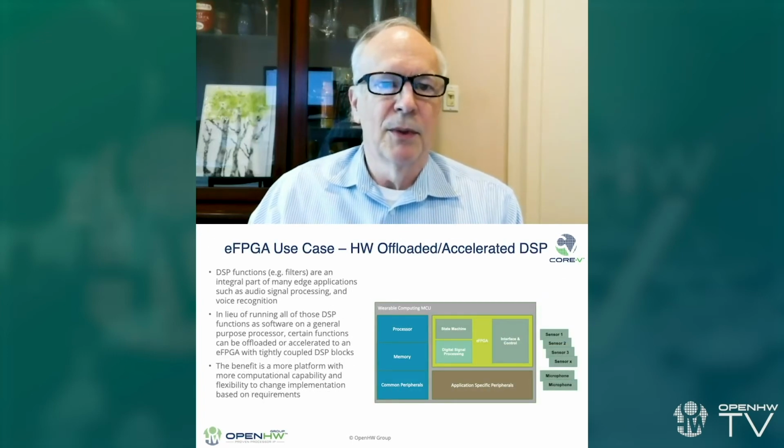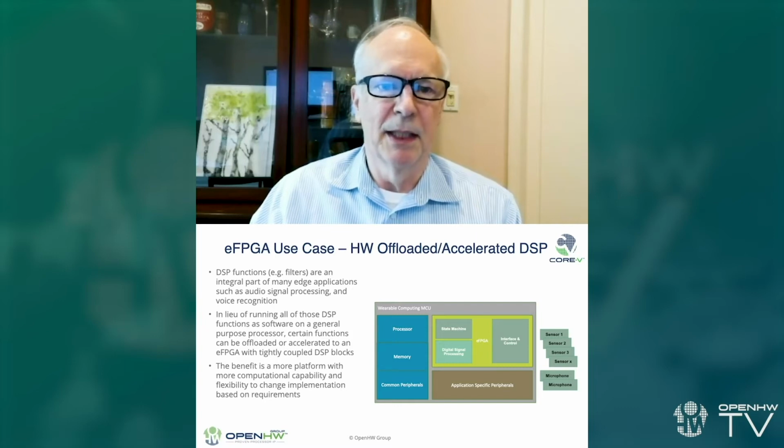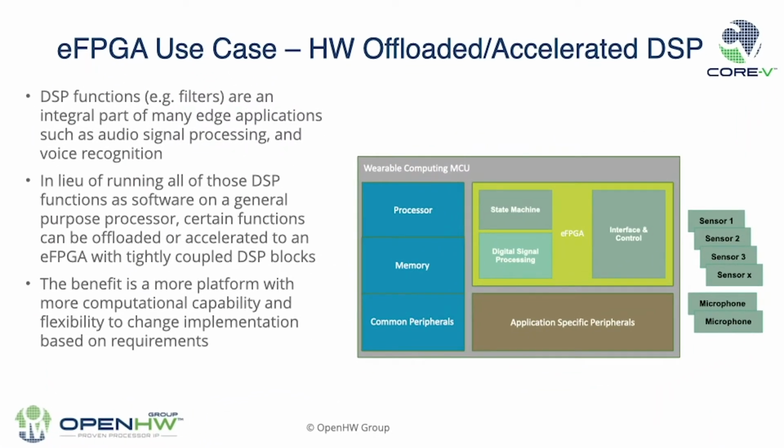I'll give you two eFPGA use cases. One is hardware offload accelerated DSP. DSP functions, filters, are an integral part of very many edge applications such as audio processing for voice recognition, although they can be used for other kinds of inputs from various sources.